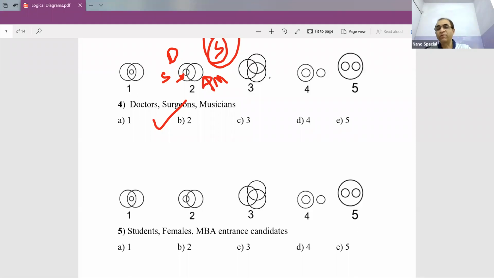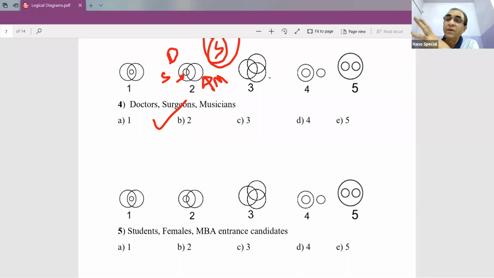Okay, now let's look at each one of them. Students and females. There is an overlap between students and females. There could be some male students also. So you can't say that females are a subset of students. Similarly, MBA entrance candidates and females also overlap. Definitely there will be male MBA entrance candidates. Now, MBA entrance candidates needn't all be students.